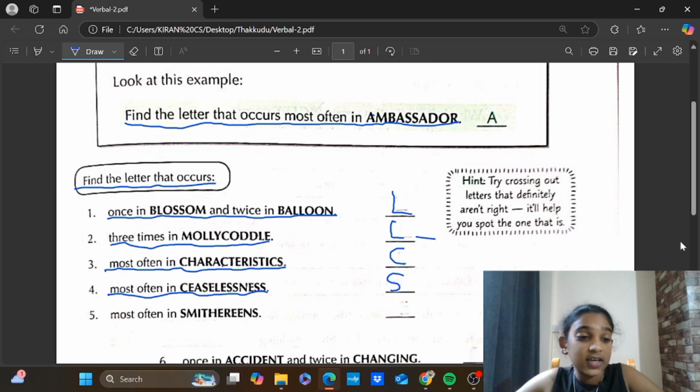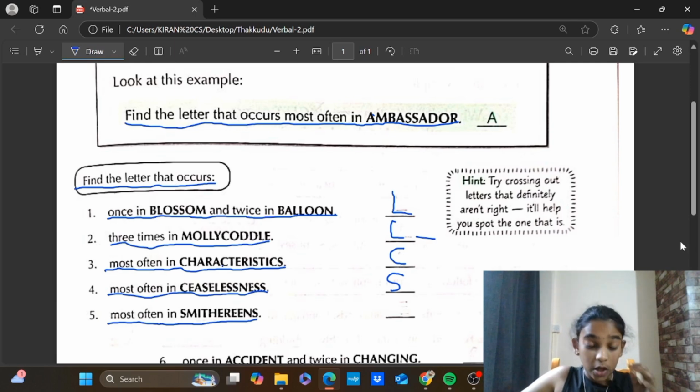The next question is, find the letter that occurs most often in this word. Okay, so we need to find which letter comes most often in this word. So is it S? There's 1 S here and 1 S here. It comes twice. So let's check again. M here, 1 M here, and no M. So let's check the other. 1 I here.